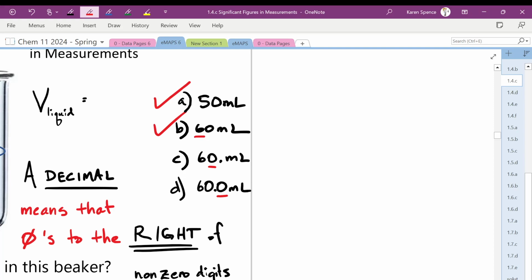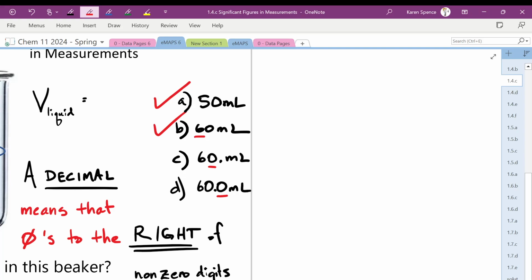That decimal has the magic power of making zeros on the right-hand side significant. If that helps you remember it, you can think about it as the magic decimal. The magic decimal makes zeros on the right-hand side significant. If that decimal is missing, do we have that magic power? If there's no magic decimal, do we have magic? No. So zeros on the right are not significant if we do not have the decimal.